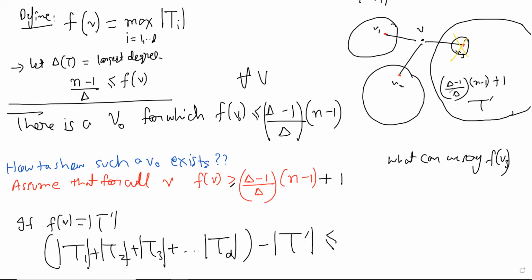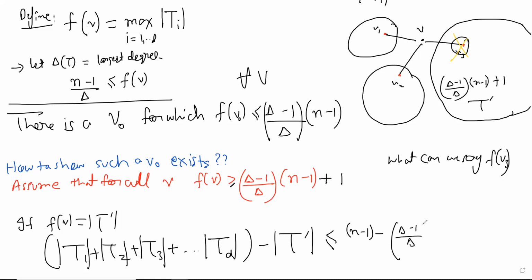So if v3 is removed, then what happens? The size of the rest of the graph is n minus 1 minus this quantity, right? Because that is being used by this. So the size of the rest of the graph is this.